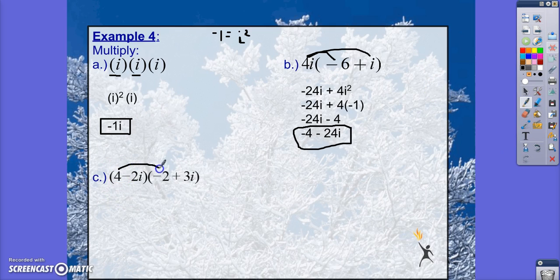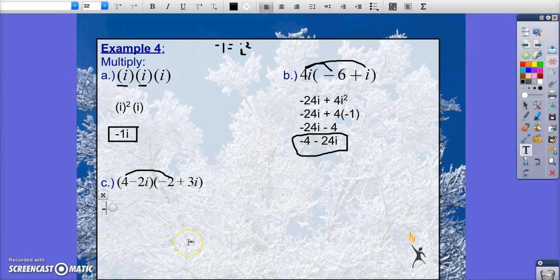Last one we have to FOIL. So let's do first. You could try it as well. So we do first, outer, inner, last of FOIL. Here we're going to do two things in this next step. I'm going to rewrite the negative 8.